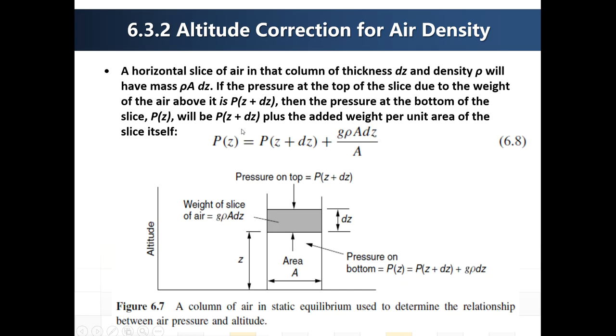So the pressure Pz is equal to P(z+dz), the pressure at the top, plus the weight of this slice, which is the gravity constant multiplied by rho multiplied by cross-section area multiplied by dz, divided by cross-section area A.